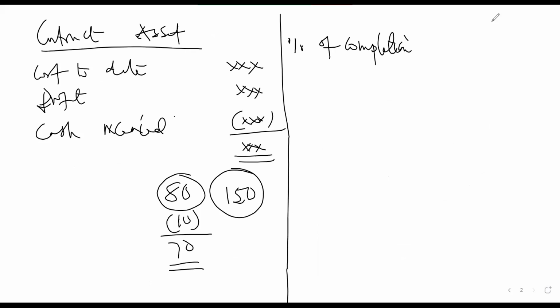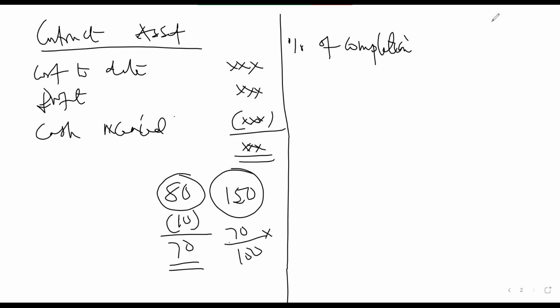If you incur a cost of 150 million, it means that you have completed the work, because that is the total cost that you have to spend on the work. But if you have only spent 70 out of that, it means that you have completed 70 out of the 150. So it will be 70 over 150 times 100.